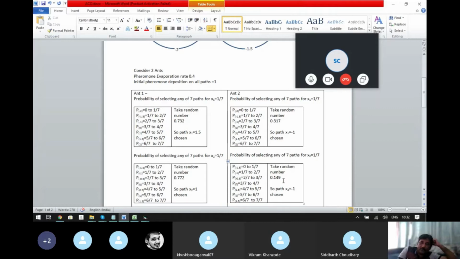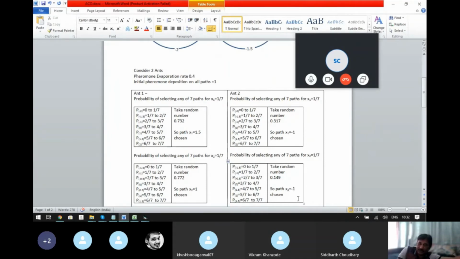So 0.149 will be falling in the range 1 by 7 to 2 by 7, indicating that ant 2 will be taking the path on which x2 is equal to -1. So all in all this is targeted towards getting you the values of x1 and x2, nothing more, as far as the starting journey of ant 1 and ant 2 is concerned.